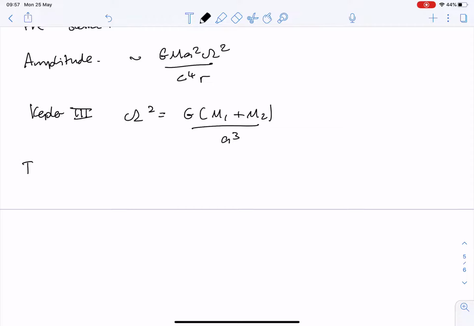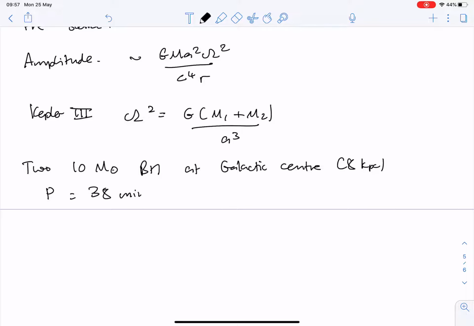So, two 10 solar mass black holes at the galactic centre, which is 8 kiloparsecs away. Then P equals 38 minutes, and h is about 2 times 10 to the minus 21.